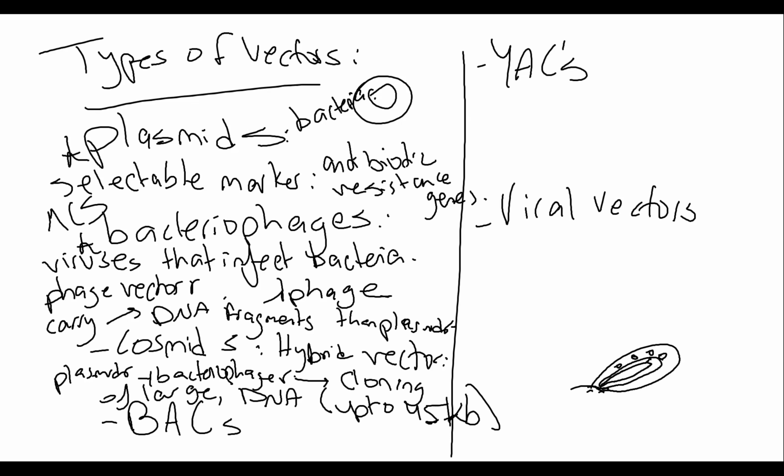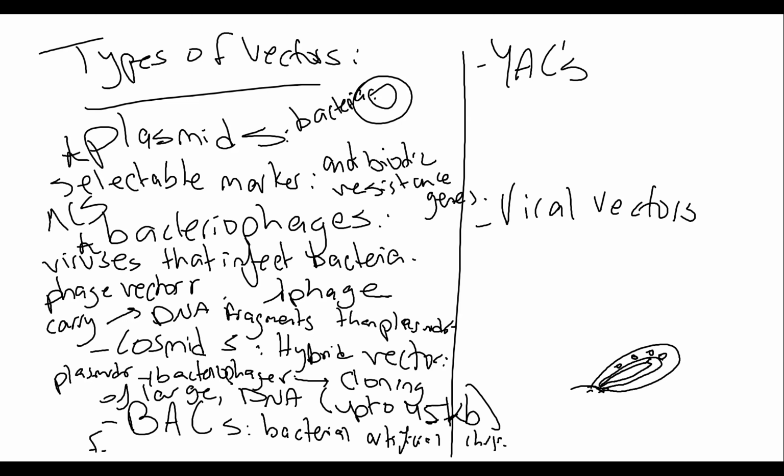What are the BACs? The BACs are also called the bacterial artificial chromosomes. These bacterial artificial chromosomes are large vectors based on a functional fertility plasmid, which is called the F plasmid.